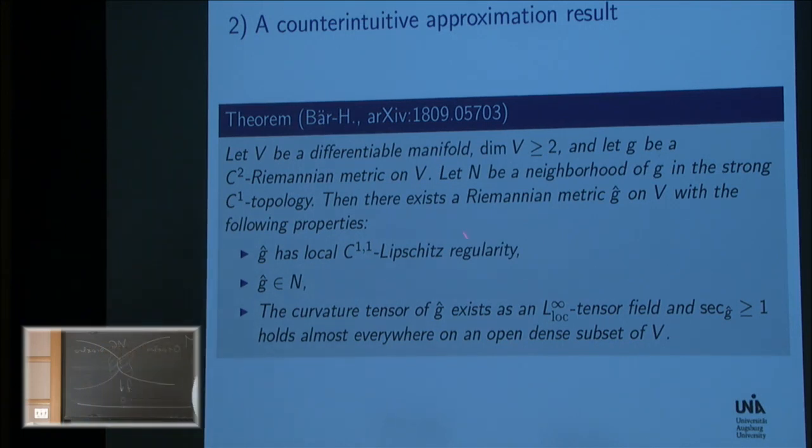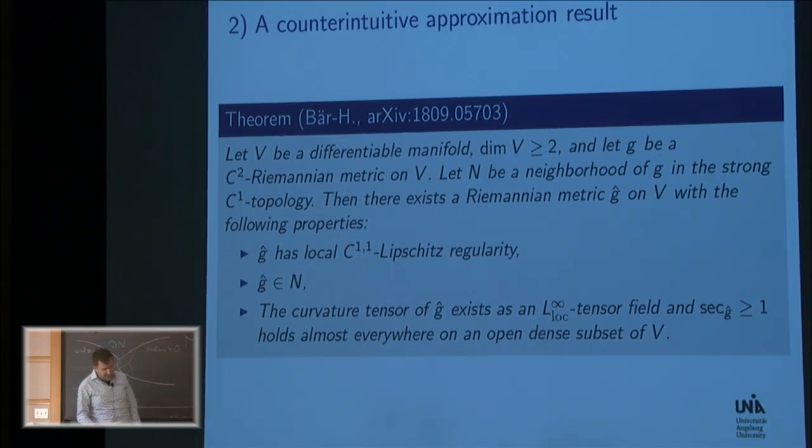And now we want to approximate this metric by metrics with better curvature properties. Namely, we fix a neighborhood in the strong C1 topology of that metric. So we control up to first derivatives. And then we find a new Riemannian metric G hat on V, which has the following properties.